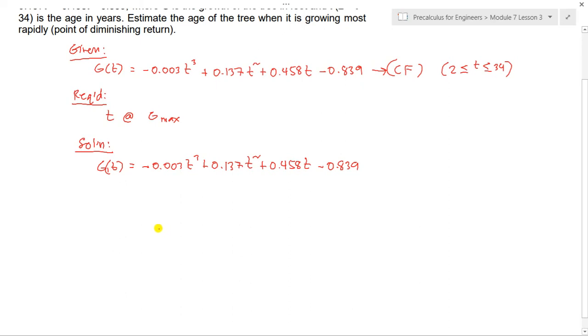If we look at the behavior of a cubic function, it would look like this. It has a maximum and a minimum point. So this is our maximum point, where our y here is the g of t. Then this is the minimum point, and our x is represented by the time t.